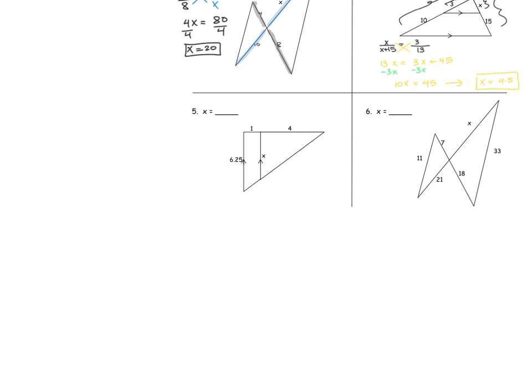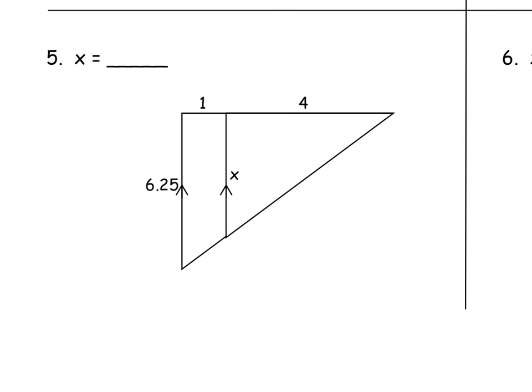Now let's move on to number 5. Please pause the video and try on your own. 4 over 4 plus 1, which is 4 over 5, is equal to x over 6.25. So one side from the small triangle over a side from the bigger triangle.